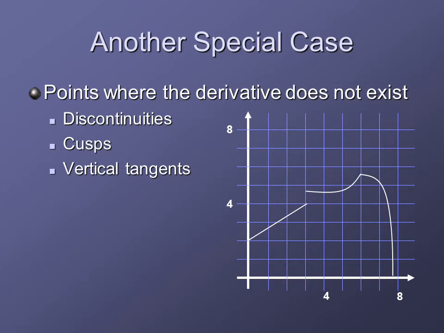Okay, you got vertical tangents. Over here, if you were to draw a tangent to this point right here, you would get a vertical line. Now, the slope of a vertical line is either infinity or negative infinity.